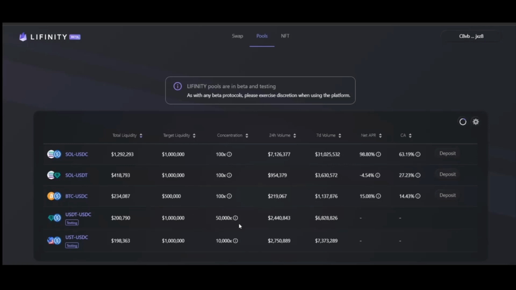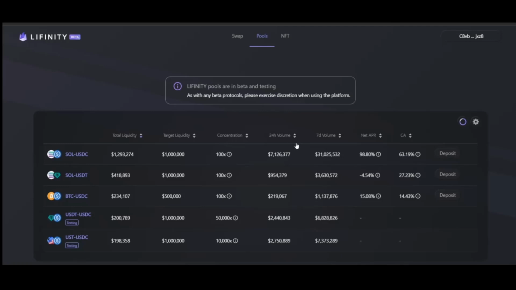So there's very little price movement between the two because they are pegged. And so we can use much higher concentration safely. Normally, when you increase the concentration, that will increase the risk of impermanent loss. But because the assets are pegged to the same thing, that significantly decreases the risk of impermanent loss, and that's why we are able to use much more concentration.